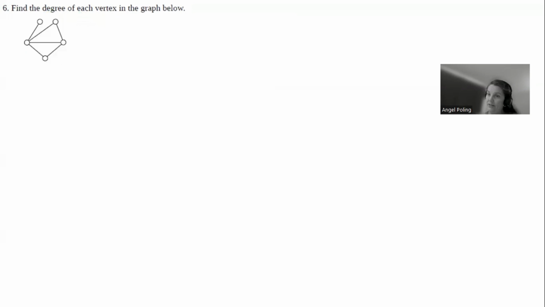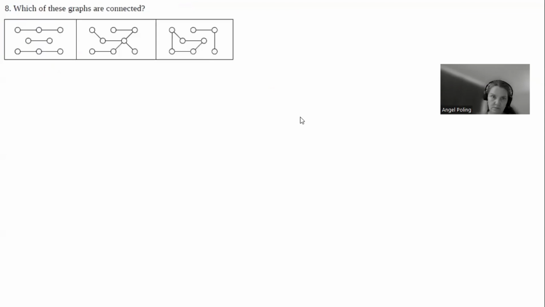In 6, we're also finding the degree of each vertex. We have 1, 1, 2, 3, 4, 2, 3, and 2. Just double checking.